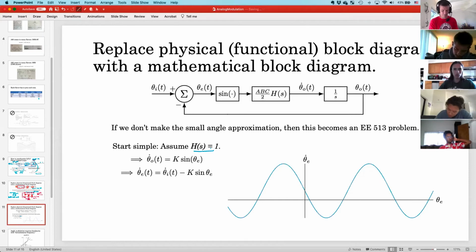Okay, so again, we're assuming that this is not negligible, but that this all of a sudden is negligible, right? Only one complicated thing at a time. Okay, so if that's true, then what do we have here? We have theta O dot, I guess we can start down here.